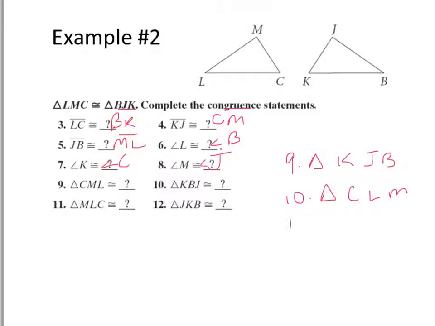For number 11, if I line up my triangles that are congruent to MLC, I've got J, B, K. And for number 12, if I line up my triangles to J, K, B, I've got M, C, L.